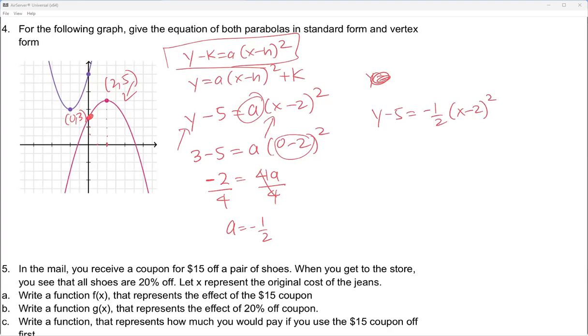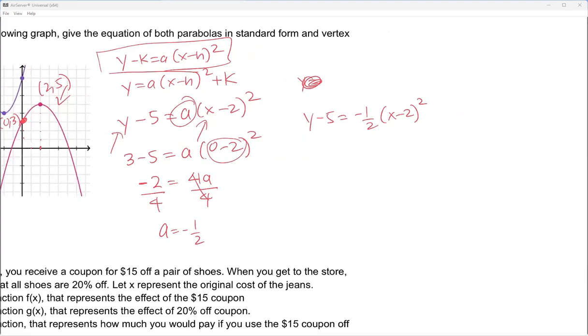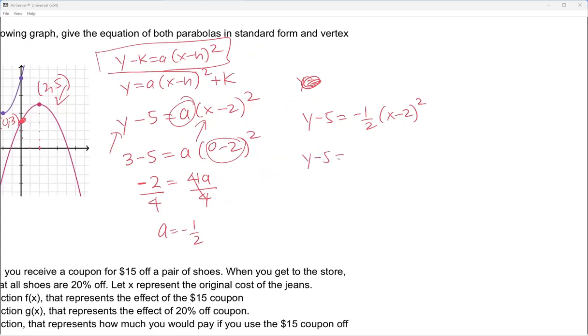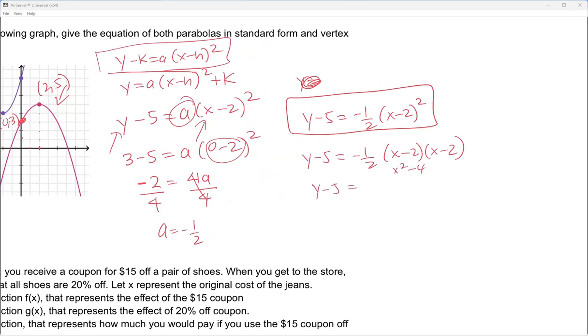We good? Next part is y minus 5 is equal to negative 1/2, and then x minus 2 times x minus 2. So this is vertex form. So y minus 5 is equal to, and then this will be x squared minus 4x plus 4. So it'll be 1/2 x squared minus 2x plus 2.